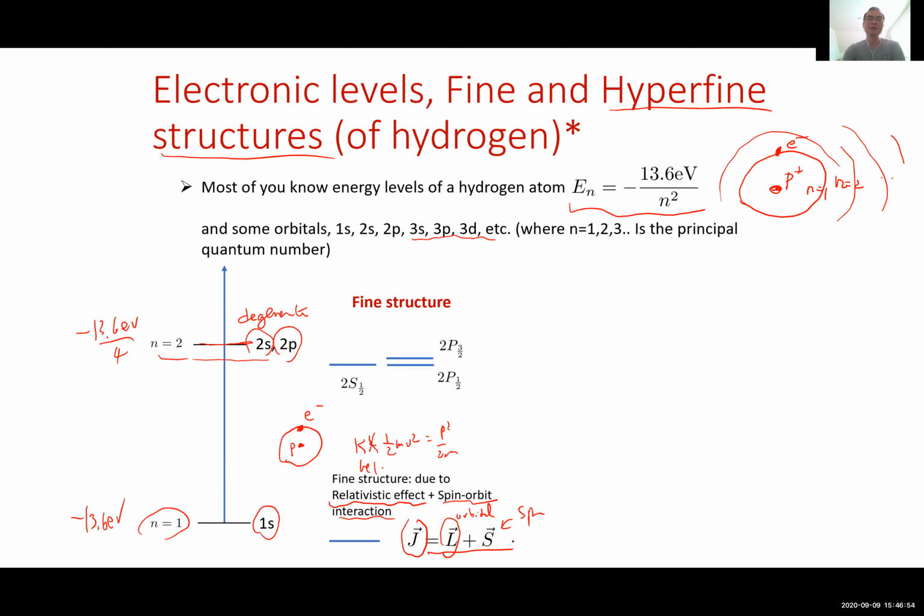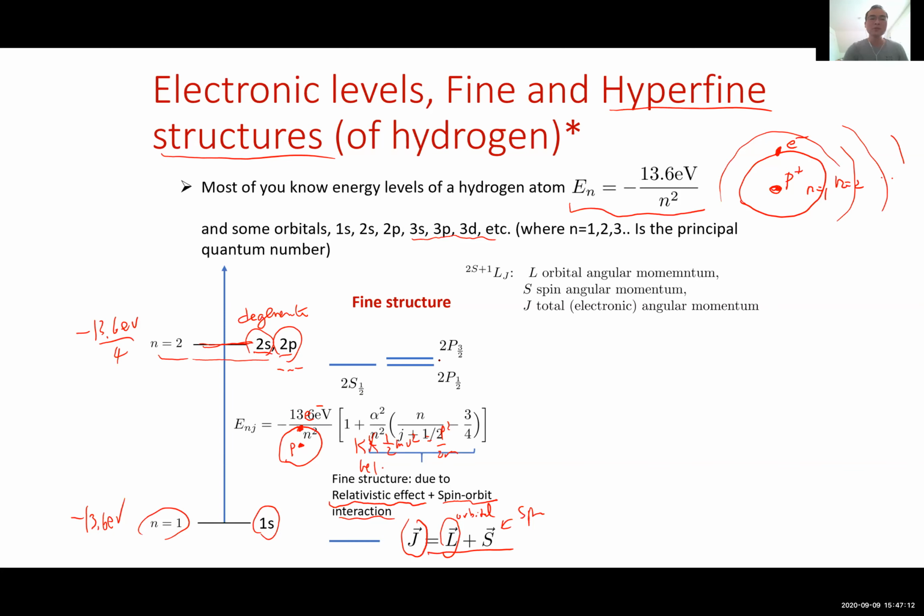And in fact, the fine structure, it turns out if you include these effects, these orbitals, in fact there are three orbitals for P, they would split. They would split in a way that depends on the total angular momentum.